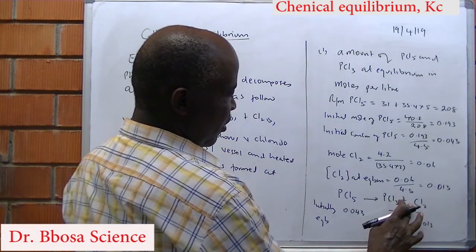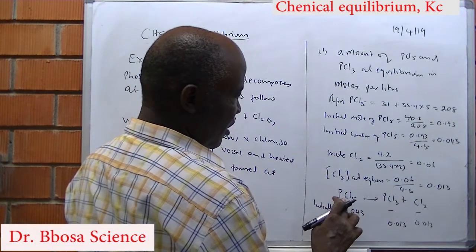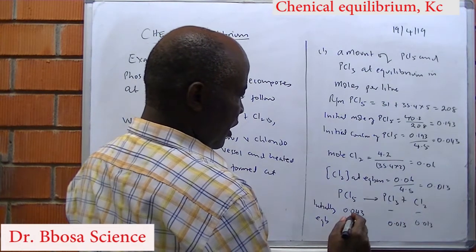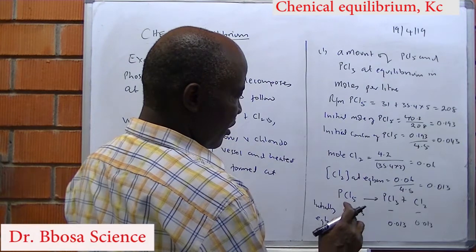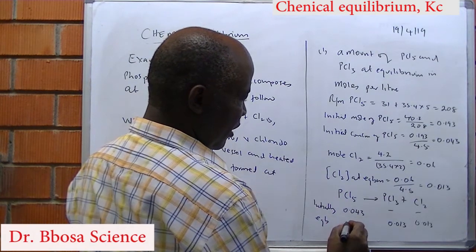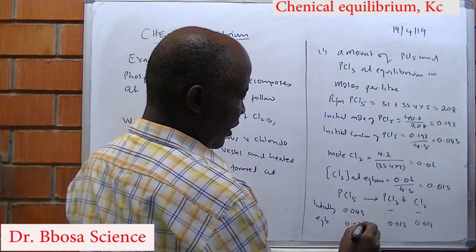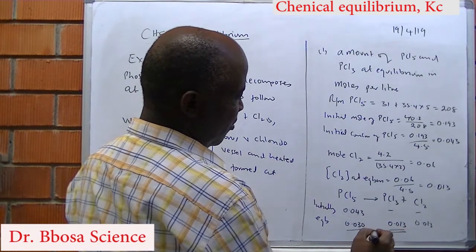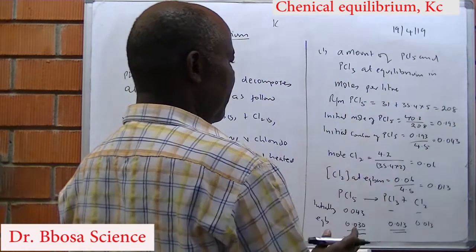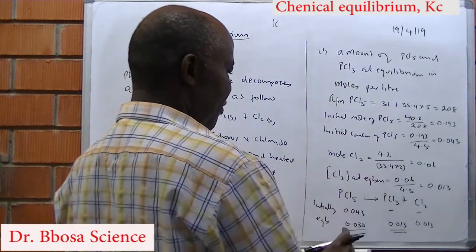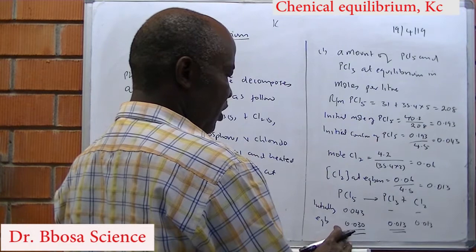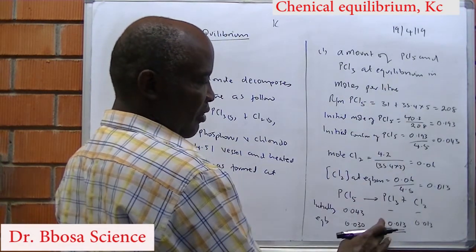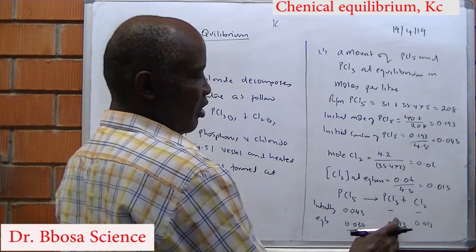When 1 mole forms, 1 mole decomposes. When 0.013 forms, 0.013 decomposes, you remain with 0.030 moles of phosphorus 5 chloride at equilibrium. The concentration of phosphorus 5 chloride at equilibrium is 0.030. The concentration of phosphorus 3 chloride is 0.013 at equilibrium.